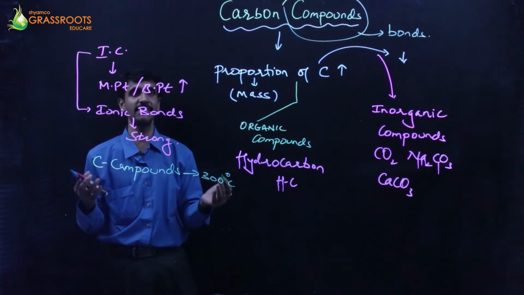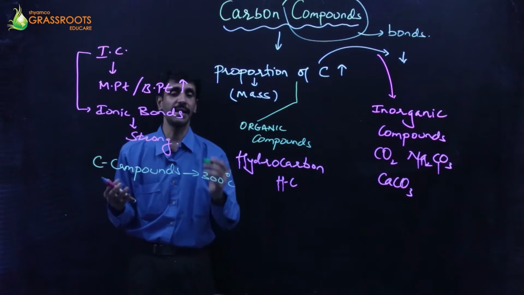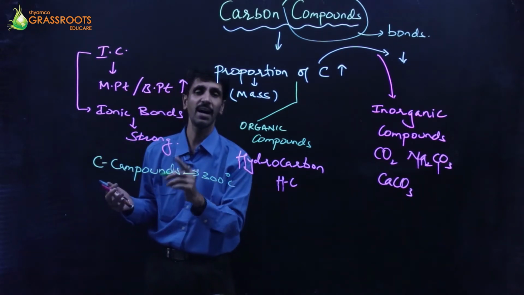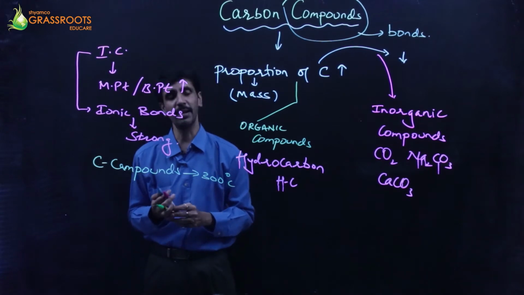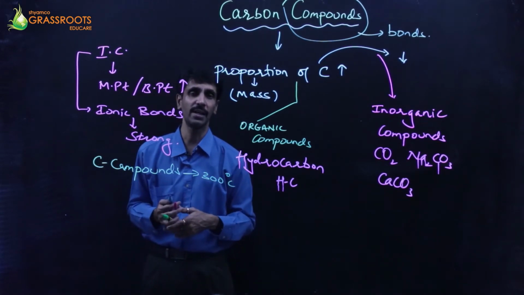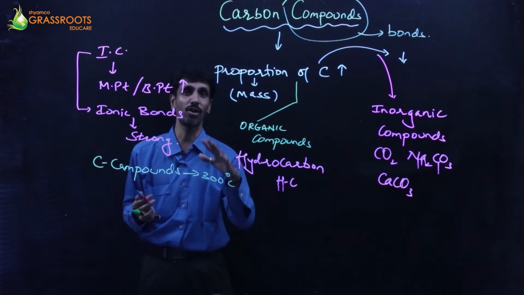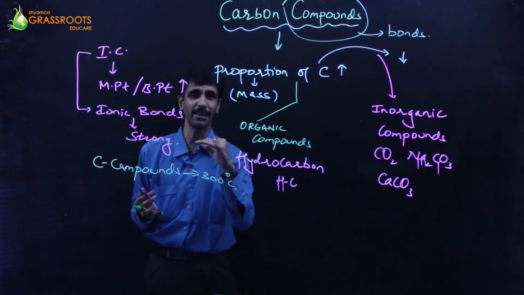So this is a clear indication that they don't contain ionic bonds. Because if there were ionic bonds, the melting point and boiling point would be high, but these carbon compounds have a lower boiling point and melting point.